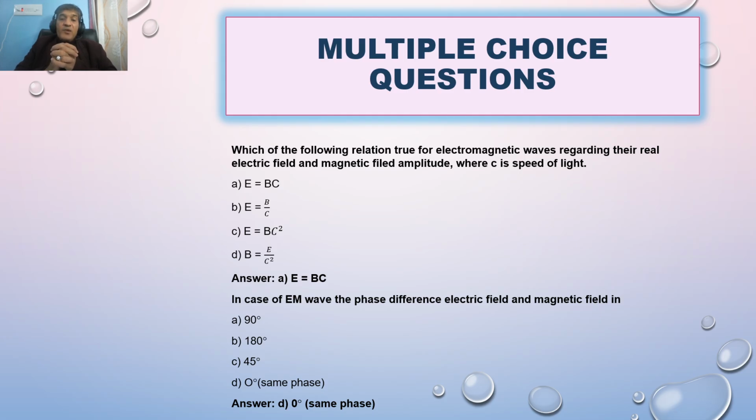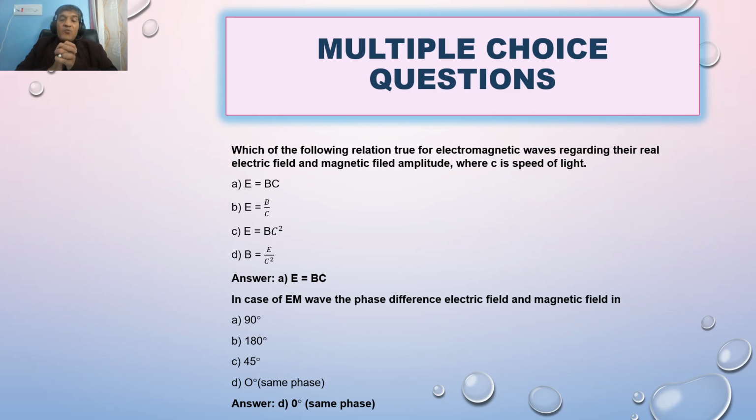First we have to read one by one. E equal to Bc, where E is the electric field, B is the magnetic field and c is the speed of light. E equal to B by c, E equal to Bc square, and B equal to E by c square. These are the four options available to give the answer.